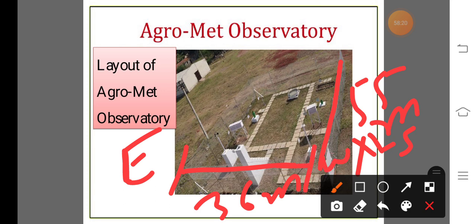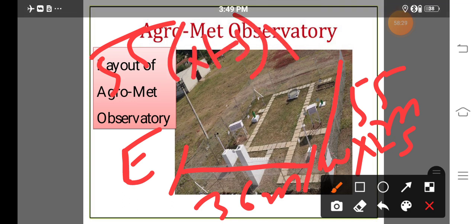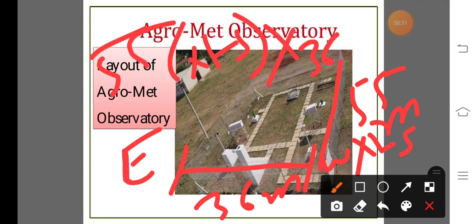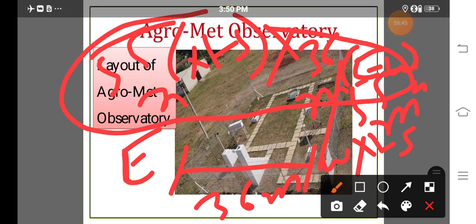That means the ideal dimension of agromet observatory is 55 meter north south and 36 meter east west. This is the ideal dimension of agromet observatory.